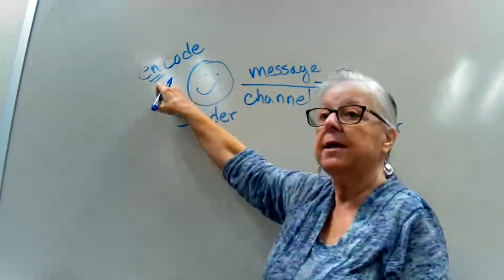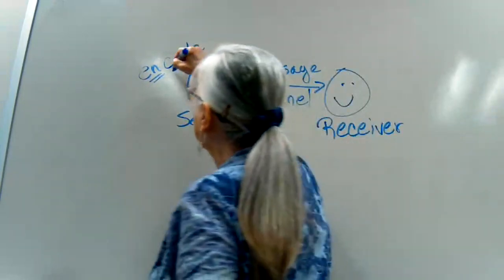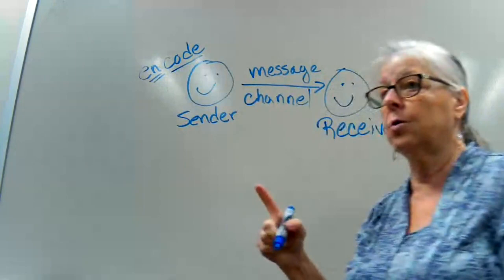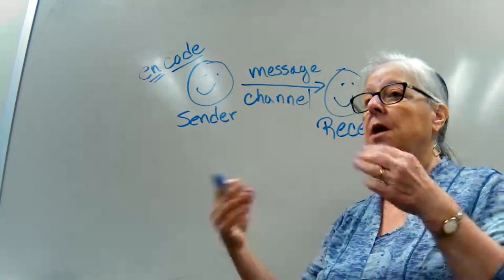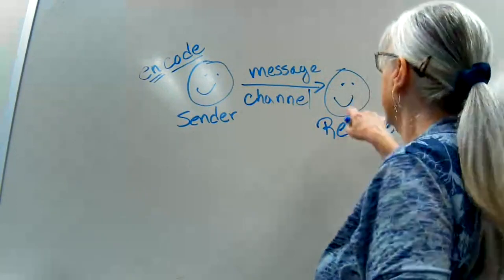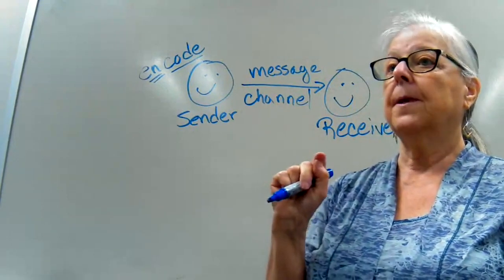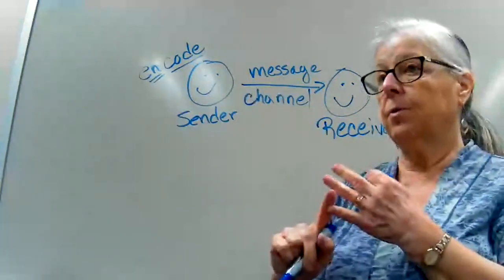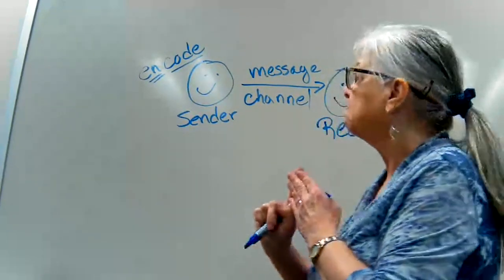I'm going to take the message that's in my heart or my head and put it into a code, a language, or symbols, nonverbal or what have you, that I believe the receiver is going to understand.